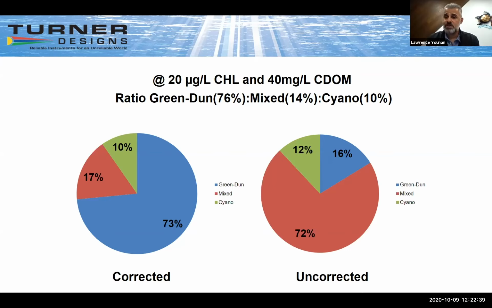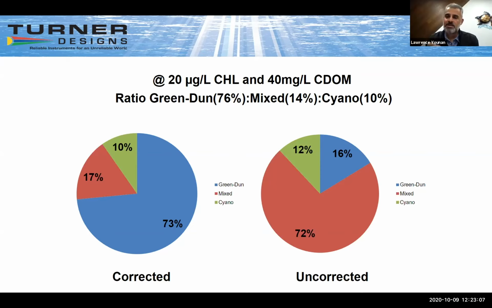Cyanobacteria are 10% of that mixed population, but the population total has 20 microgram per liter of chlorophyll via extraction. We added to it 40 milligram per liter of dissolved organics. And what you see on the right-hand side is an uncorrected response from the PhytoFind telling you that 72% of the population is actually the mixed group, and the mixed group is the red, okay? We know that not to be the case. But what is that?